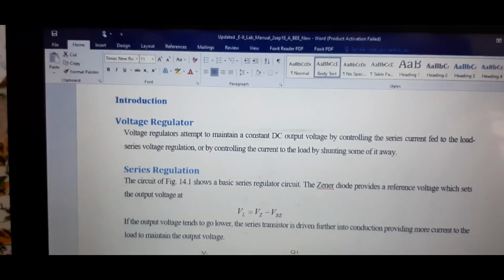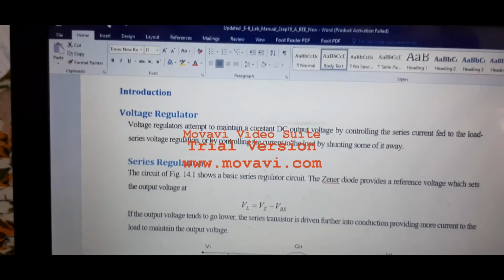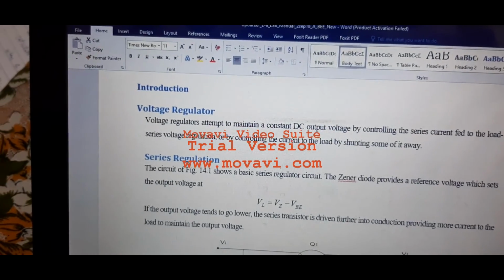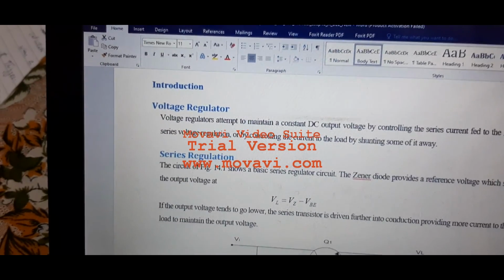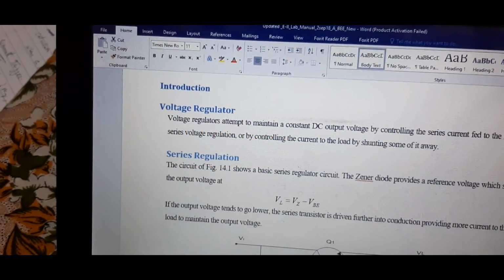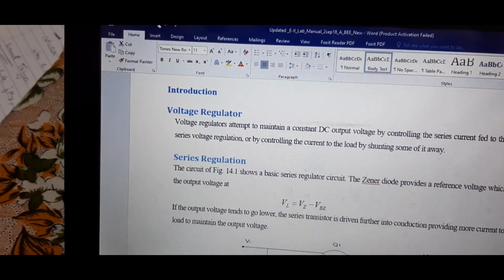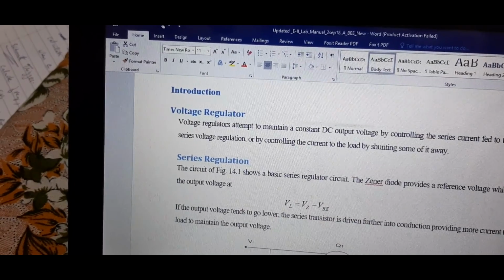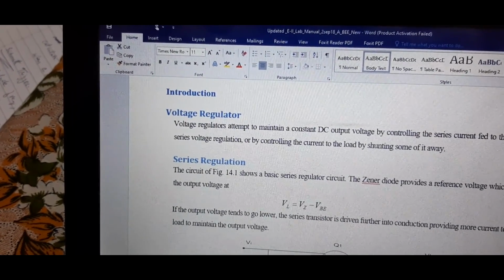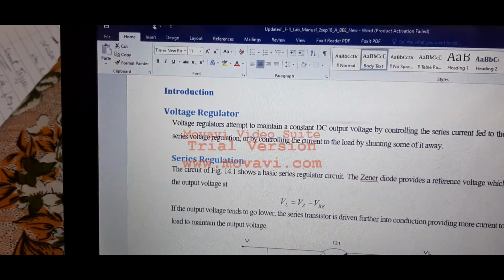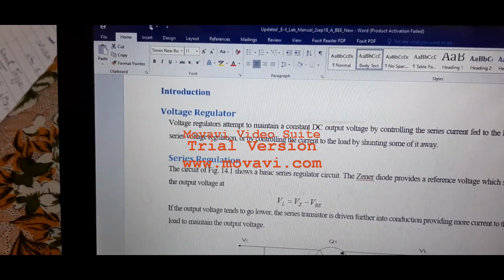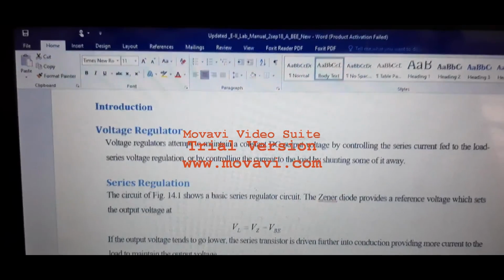Before starting this lab, we should know what a voltage regulator is. Voltage regulators are basically circuit elements which attempt to maintain a constant DC output voltage by controlling the series current fed to the load. Basically, there are two types of transistor based voltage regulator, that is the series voltage regulator and the shunt voltage regulator.